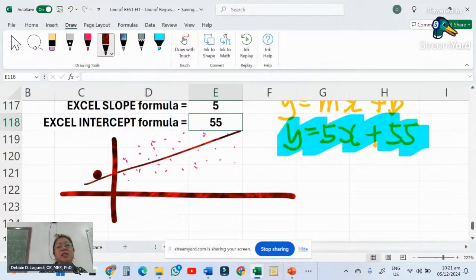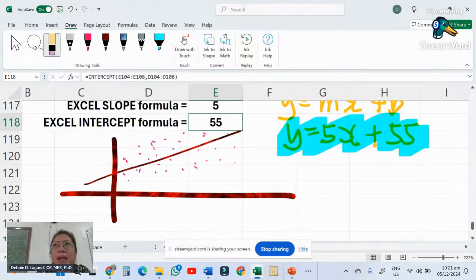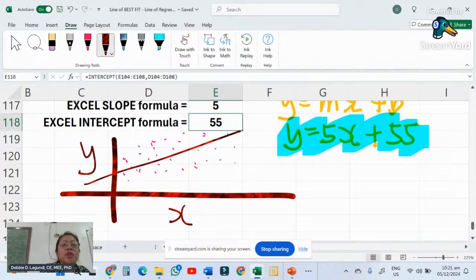Because when there's no line, they are all just dots, and you do not know where to project, because you must have a line to project. Where are you going to get the relationship of your x and your y if you don't have the line of best fit?